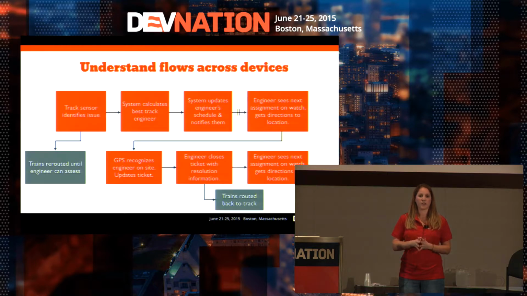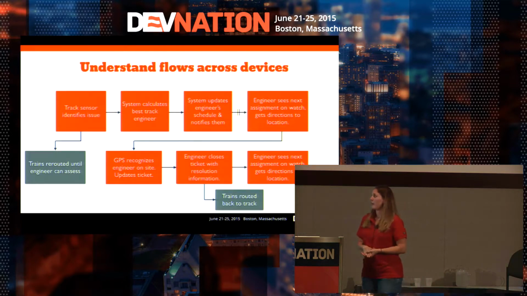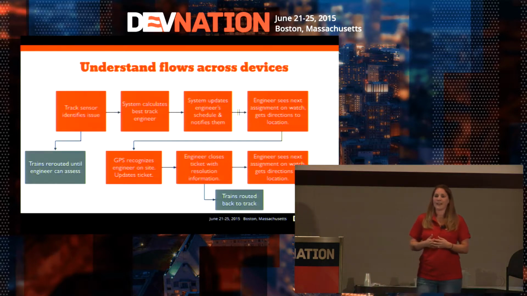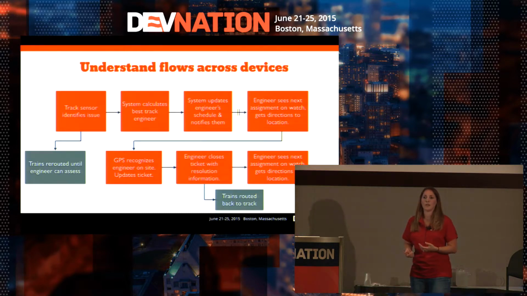And so here we have an example of a track engineer, and that we talk about, it starts with the data, right? The user isn't even involved in the beginning. We're just talking about, data is gathered, a sensor goes off, information is sent to a back-end system, that makes some decisions about what it's going to do.